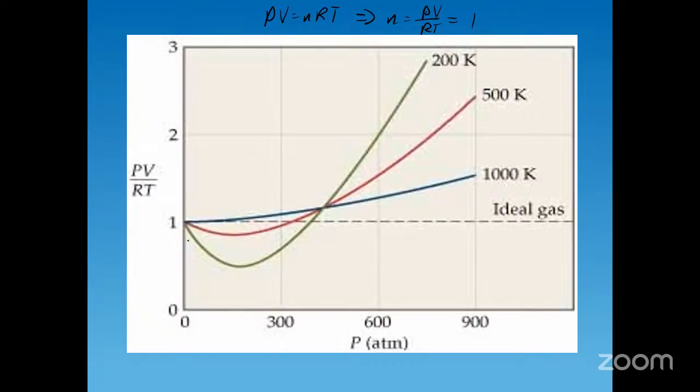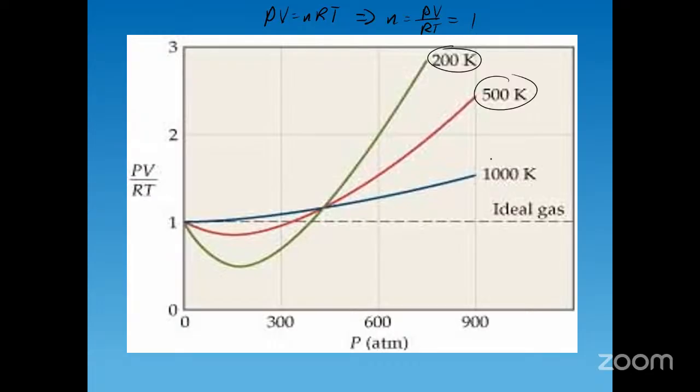Now, I don't remember which gas this is, because this is an experimental result. For this particular gas, if you plot PV/RT versus the pressure, you get this green line curve at 200 Kelvin. Then if you increase the temperature to 500 Kelvin, the shape of the curve looks like this, the pink line.